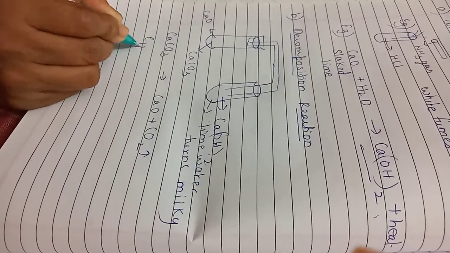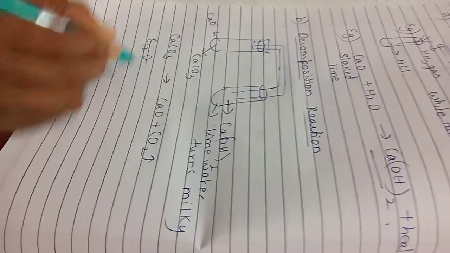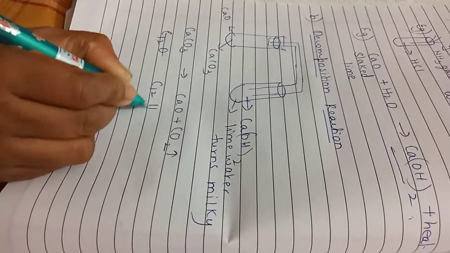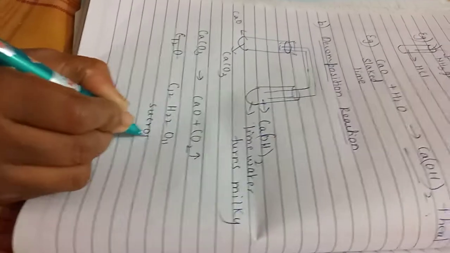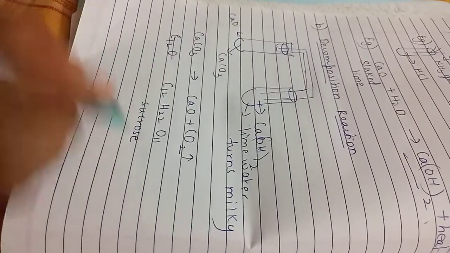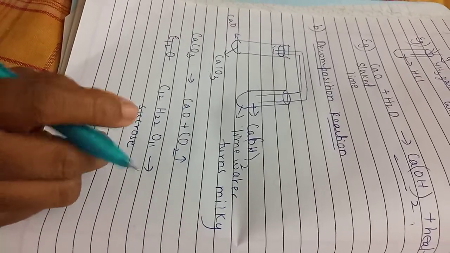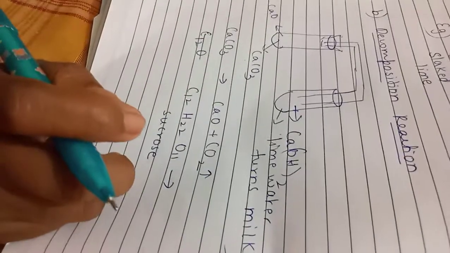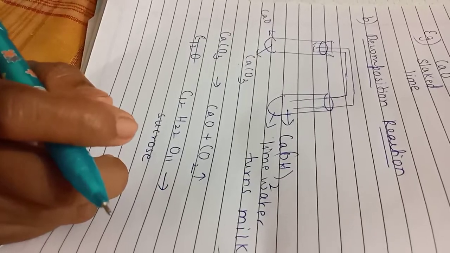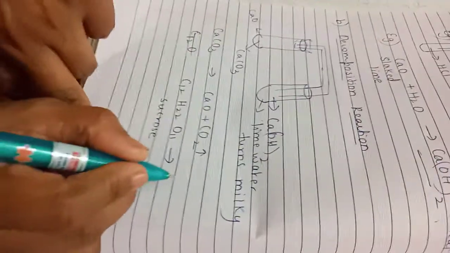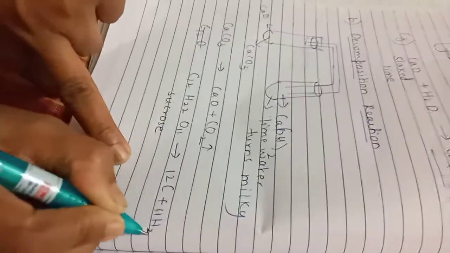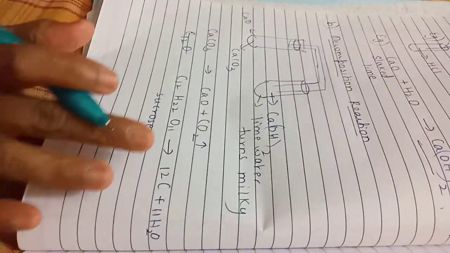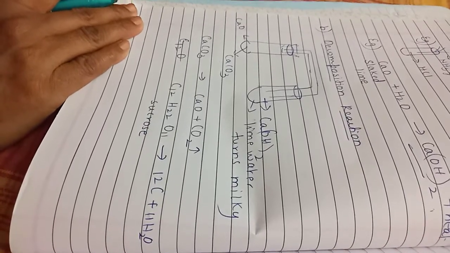Second, a very common example. You take sugar, which is called sucrose, students. Normal sugar is called sucrose. You take sugar in an evaporating dish, a simple dish, and you heat it continuously. Sugar turns black. We are eating carbon actually.